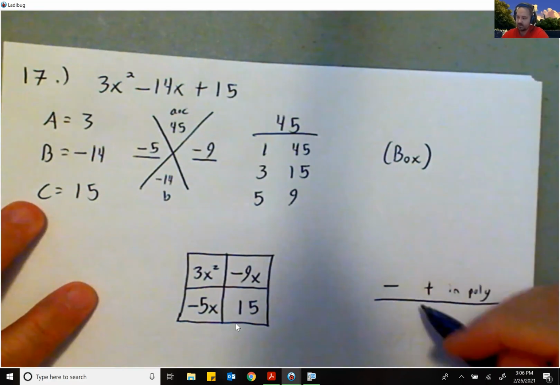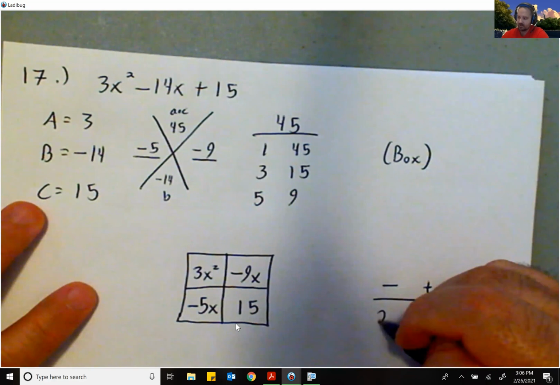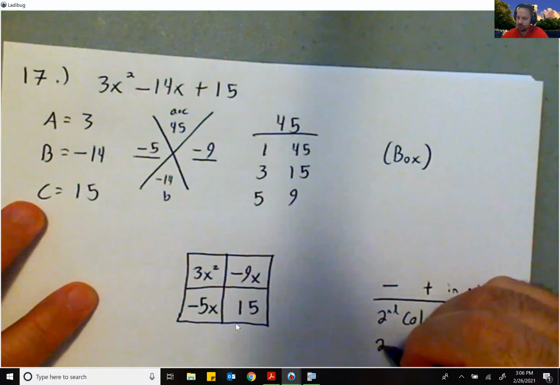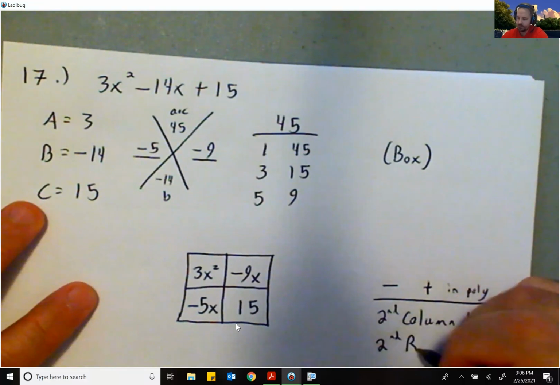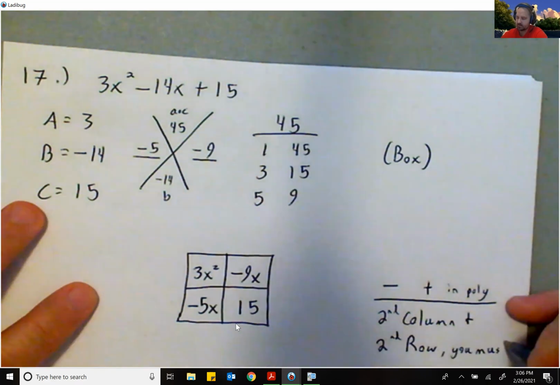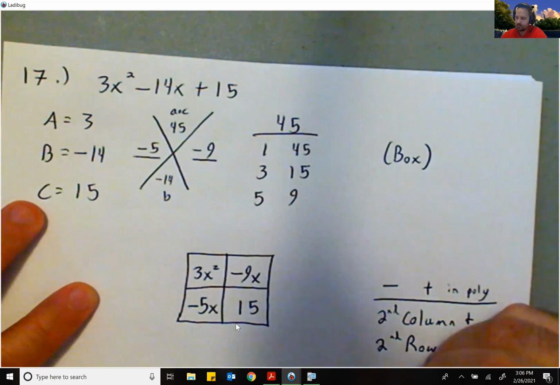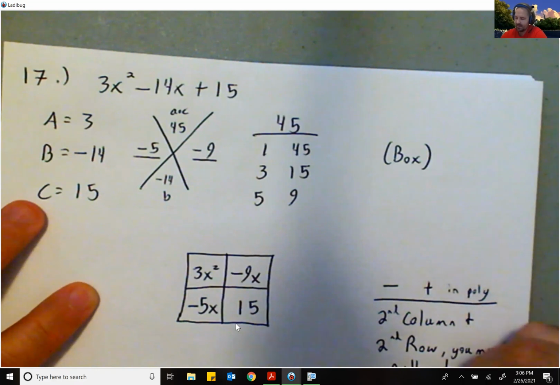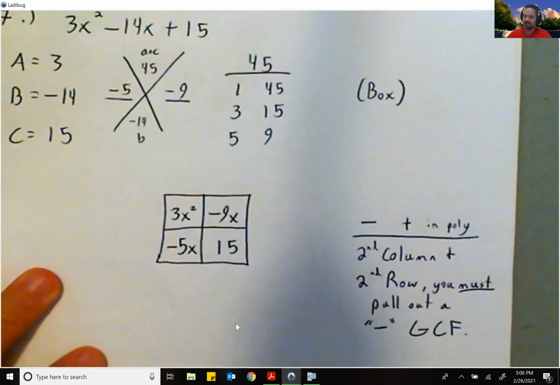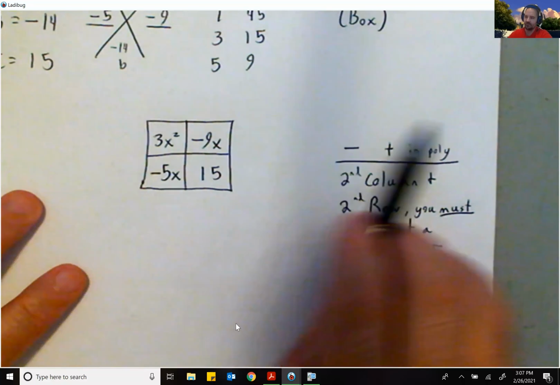Because when you are doing the second column and the second row, you must pull out a negative GCF. Otherwise, it will not factor correctly. This is the only kind of exception rule that you have to be careful of.